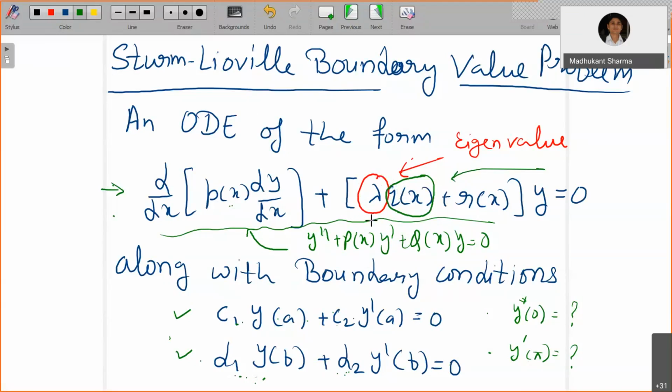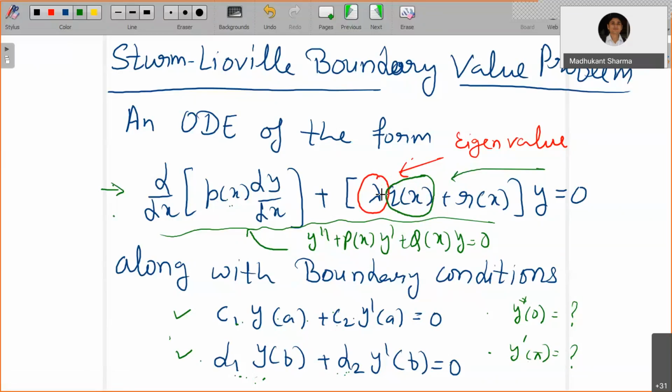Now existence and uniqueness is guaranteed once P, Q and R are continuous functions. Q must be greater than 0 because it's going to be a weight function. Okay, so let's look at some problems and see how we will be able to get all these things.